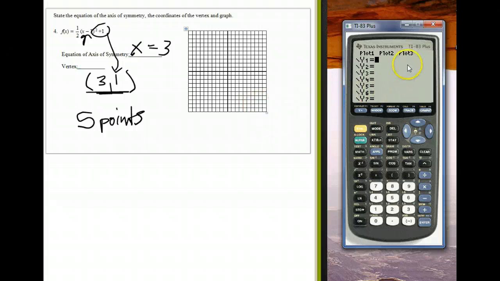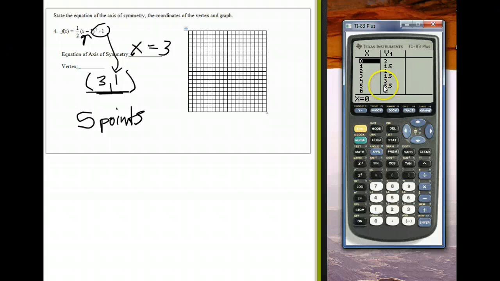Okay, so we have the graph up here on the right, the equation y equals. If I want to graph, I'm going to go to my table, and remember my vertex is 3, 1. Wait, hold on.